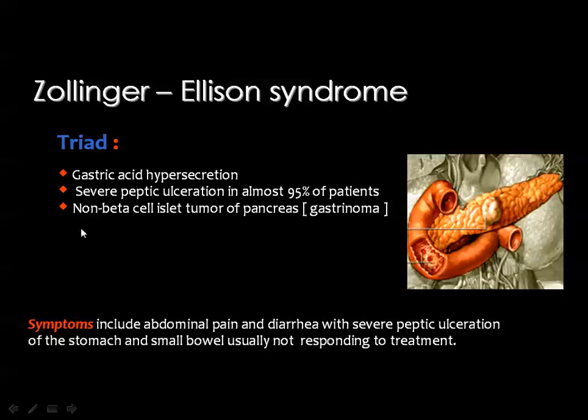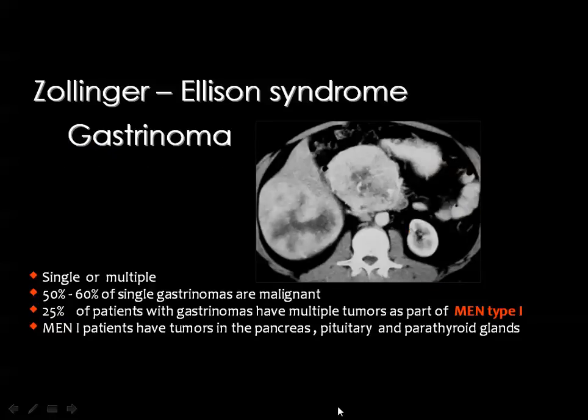Then the third part of the triad is the presence of a non-beta cell islet tumor of the pancreas, which is a gastrinoma. Symptoms of this syndrome include abdominal pain, diarrhea, and severe peptic ulcerations of the stomach and maybe the small bowel. And these ulcers are usually not responding well to the medical treatment.